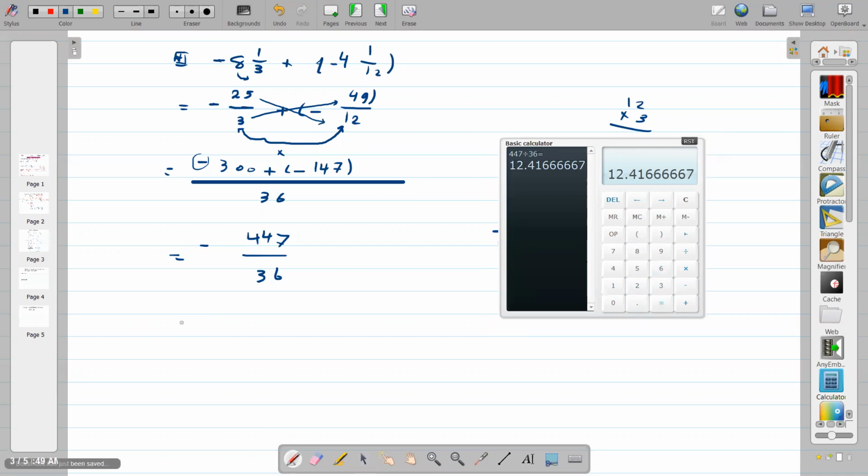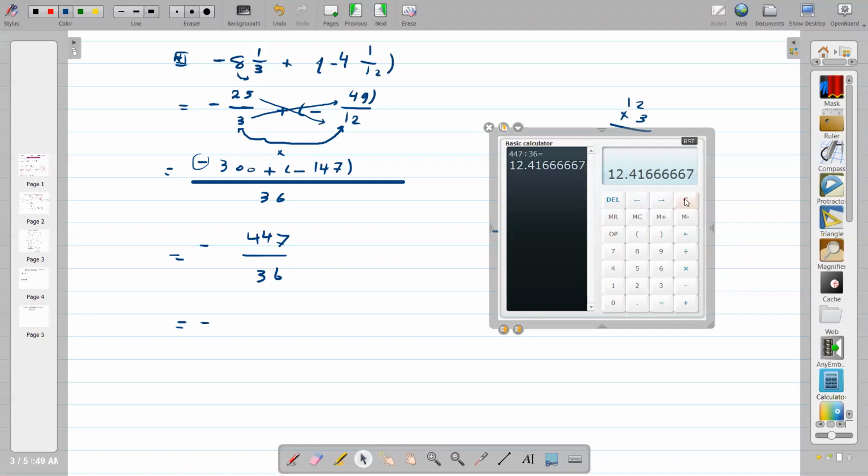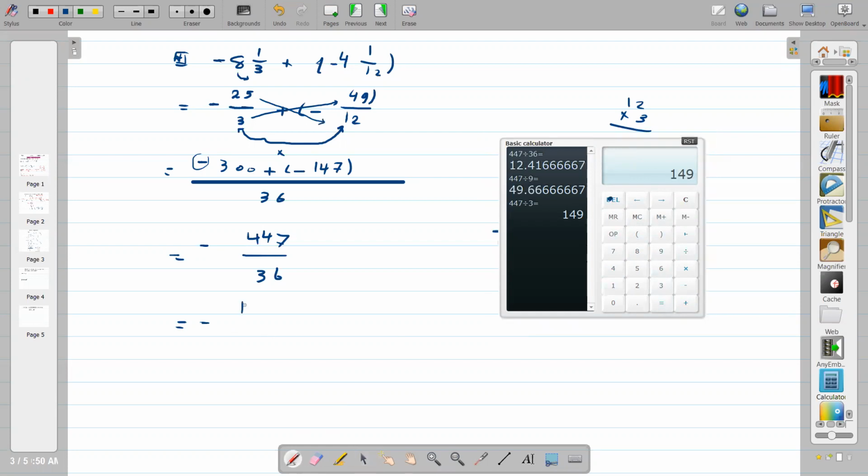Equals negative 12 and something. We can divide by 9, but 447 is not divisible by 9; it is divisible by 3. 447 divided by 3 equals 149, and 36 divided by 3 is 12.